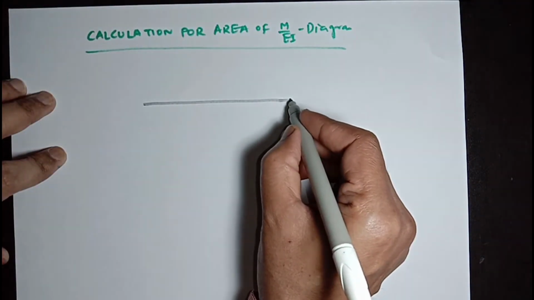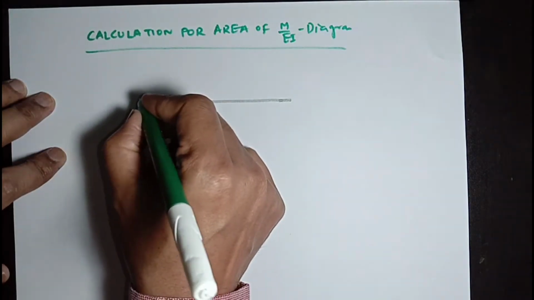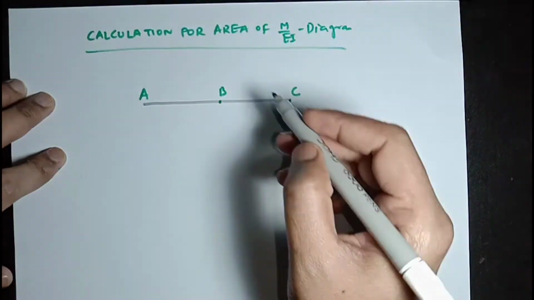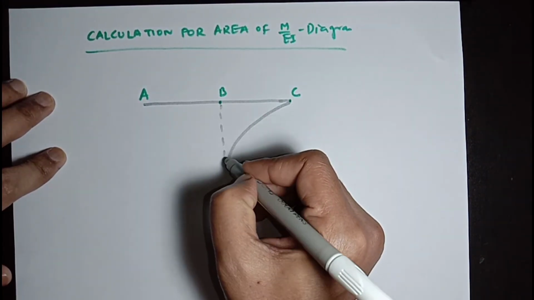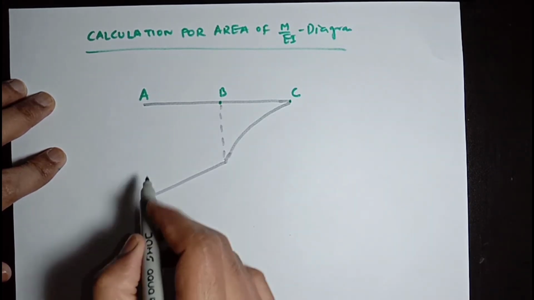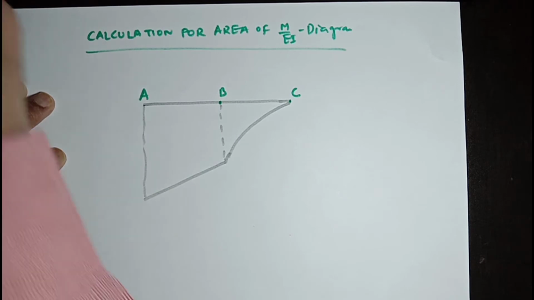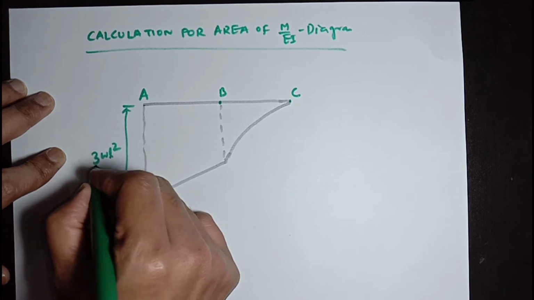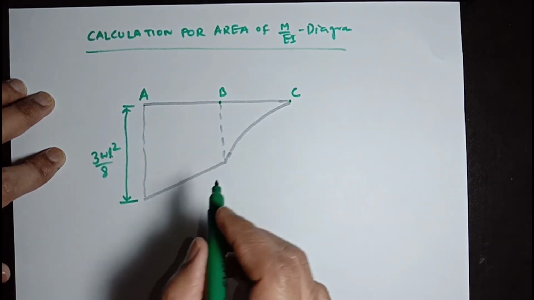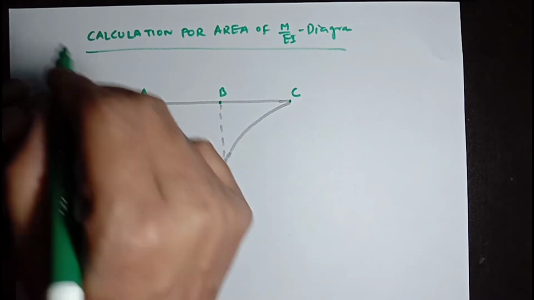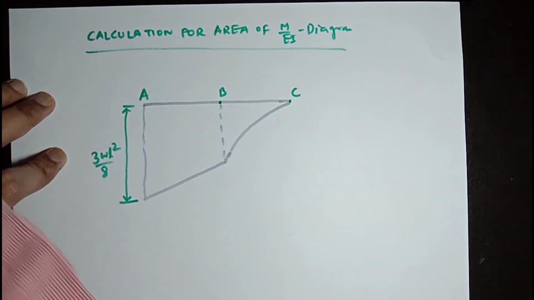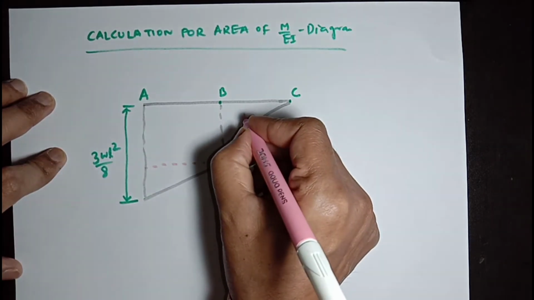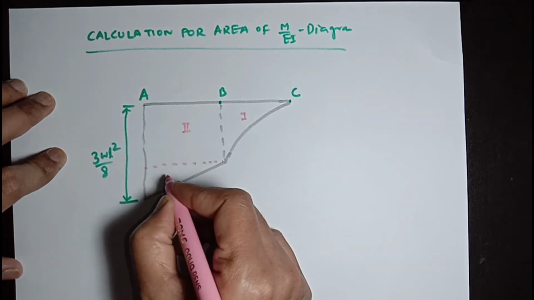This is the base of this beam, and this point is A, the fixed end, the center of this beam is B, and the free end is C. This is the parabolic curve, and this is linear. This value is 3WL square by 8, and we have divided this M over EI diagram into 3 regions. This is the first region, this is the second region, and this is the third region.